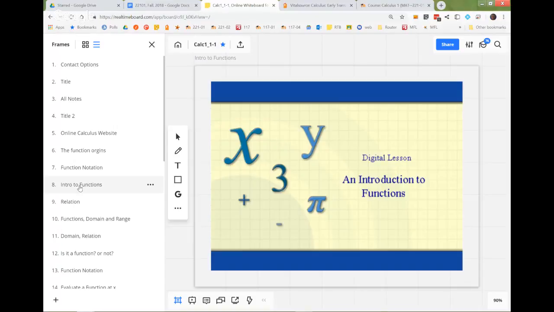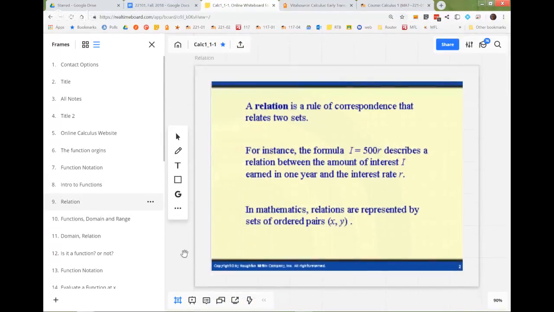I don't normally use this, but here I have some textbook slides that help us get into this. First of all, we have what's called a relation. And a relation is wide open, no restrictions.